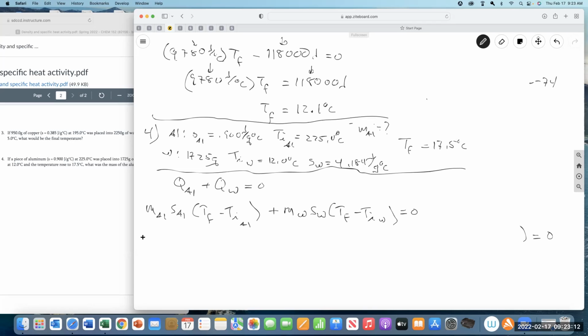So we start plugging things in. We don't have the mass of the aluminum, but we do have this 0.900 joules per gram degree C. We have TF and TI, 17.5 degrees C minus 225. Mass of the water is 1725.